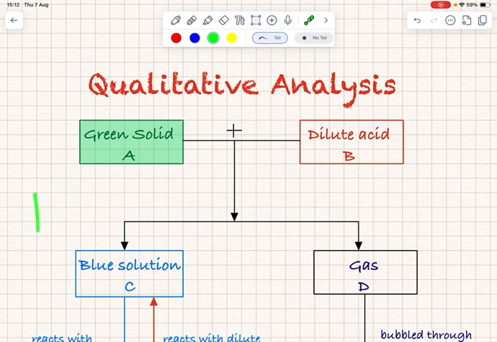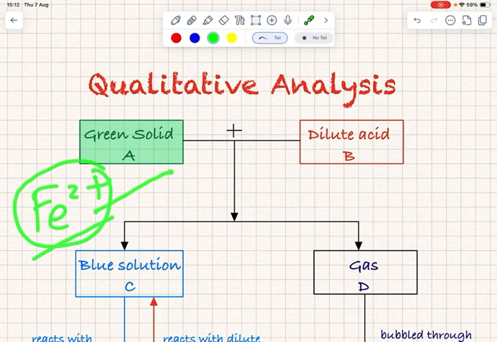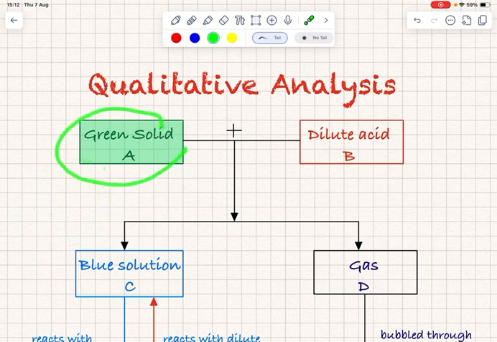Well, Fe2+, yes, of course, is a green precipitate. It is the color of the precipitate when a substance that has Fe2+ reacts with aqueous ammonia or aqueous sodium hydroxide. However, the diagram indicates a green solid A before it reacts with anything else. Hence, A cannot be iron 2+. Please take note of that.